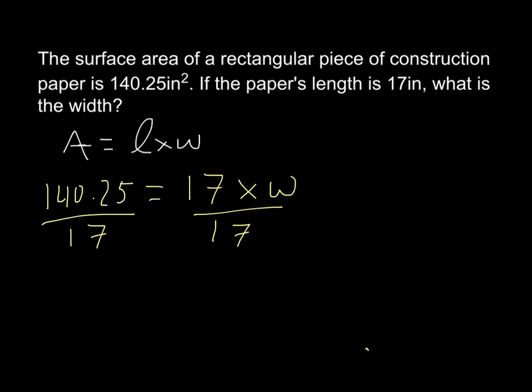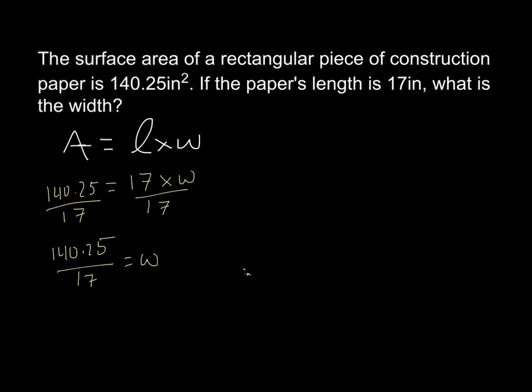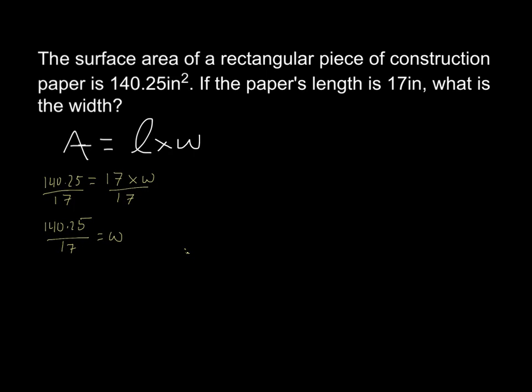So this is another way of saying 140 and 25 hundredths divided by 17 is our width. So let's move this to the side. And let's try it. We're going to write the division problem the same way that we normally do, 140 and 25 hundredths divided by 17.